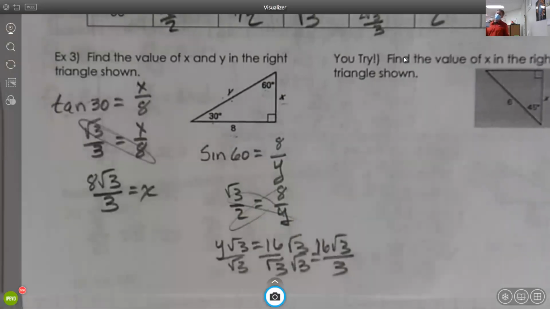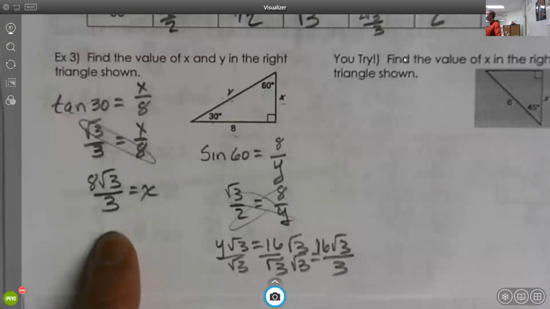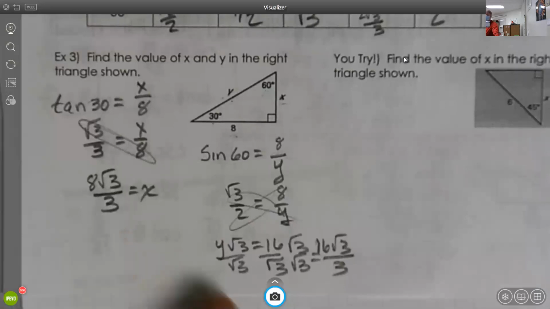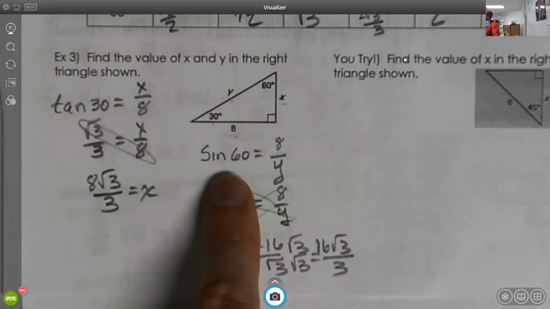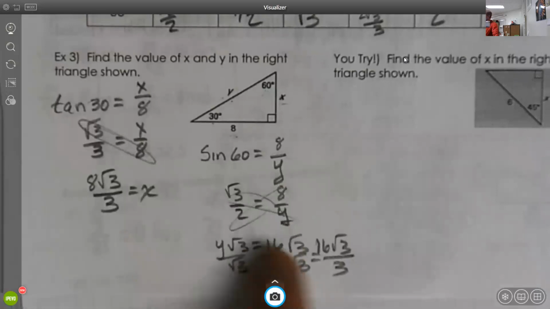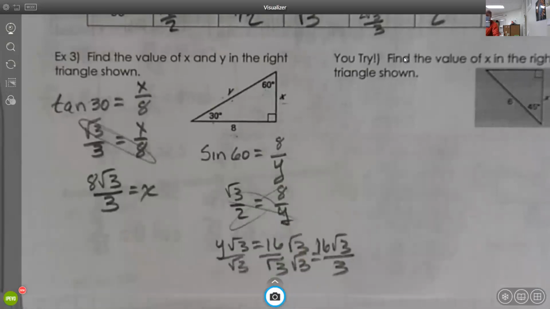Well, I guess you could have used your rule that was times 2, huh? Wouldn't that have gotten your 16 root 3 over 3? Yeah, that would have been another way to answer this question. But when you're just asked what is the sine of 60 in this situation, you would do your calculations in a similar manner.